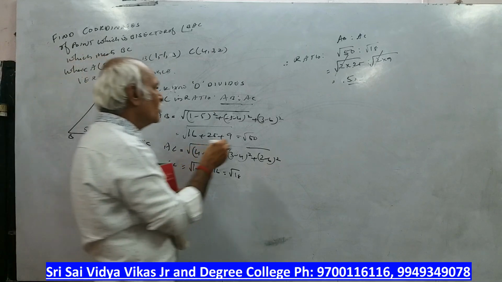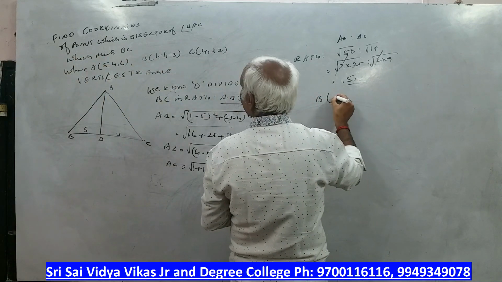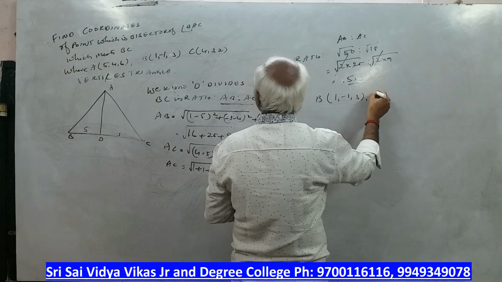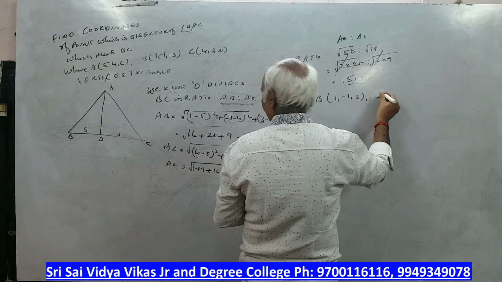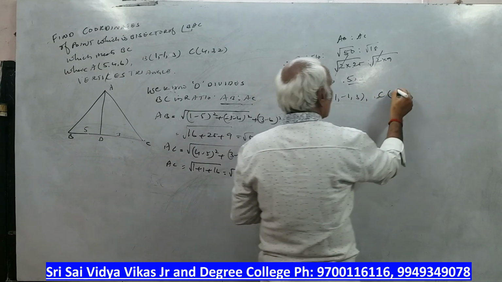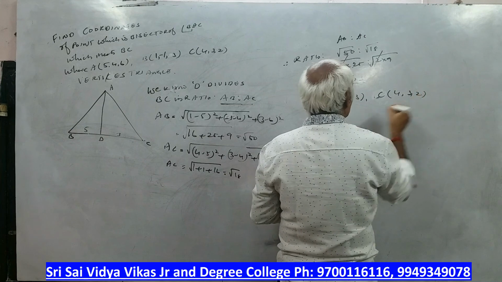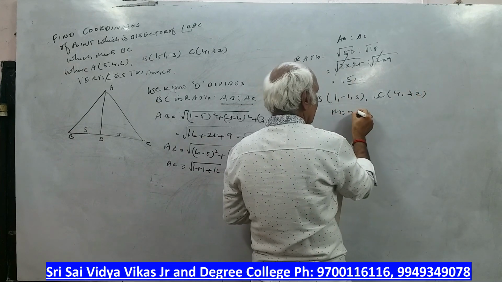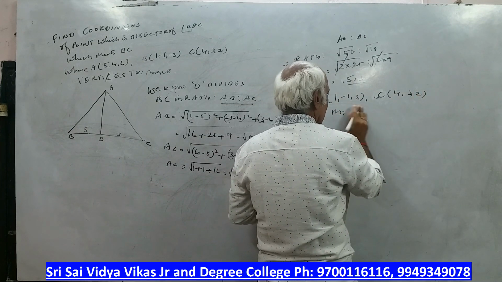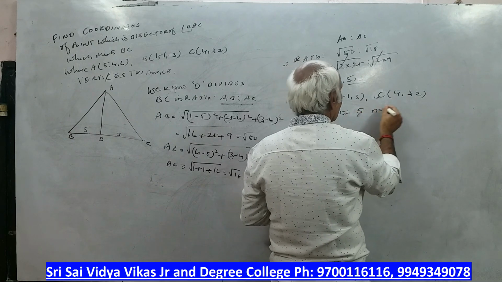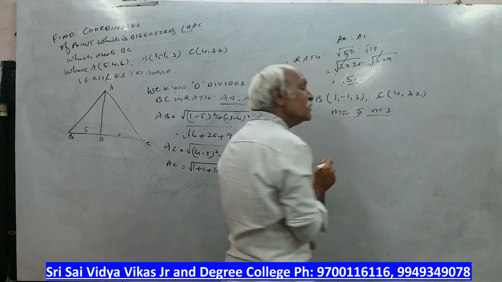Now we have to find the coordinates of D. What is the B point? 1, minus 1, 3. What is the C point? 4, 3, 2. M value is 5 and N value is 3.